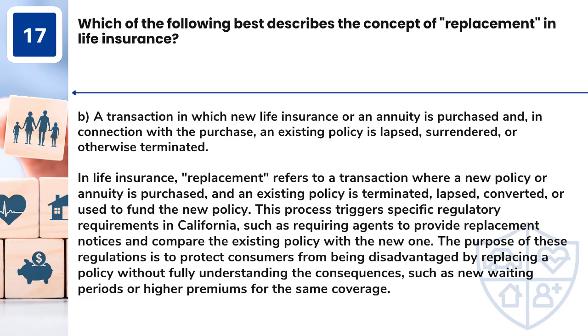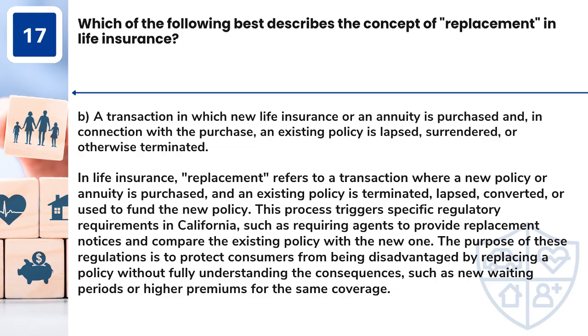Answer: B. A transaction in which new life insurance or an annuity is purchased and, in connection with the purchase, an existing policy is lapsed, surrendered, or otherwise terminated. In life insurance, replacement refers to a transaction where a new policy or annuity is purchased, and an existing policy is terminated, lapsed, converted, or used to fund the new policy.